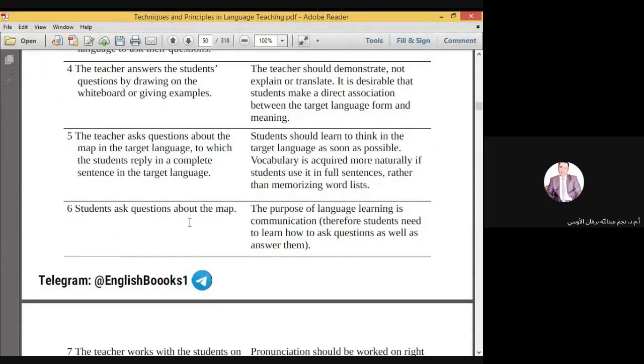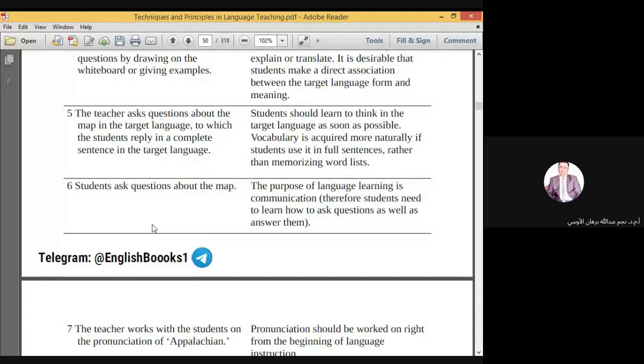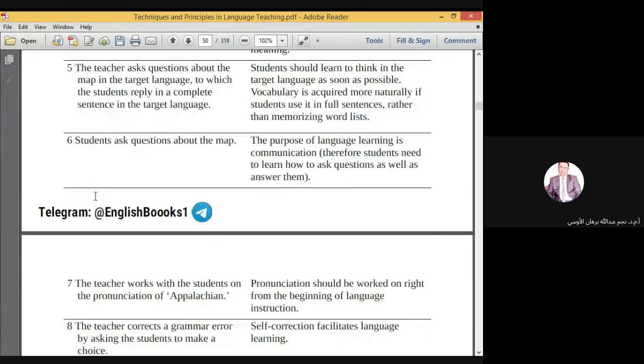And we don't need to use the native language. We need to understand by the target language. Six, students ask questions about the map. What is the reason? The purpose of language learning is communication. Therefore, students need to learn how to ask questions as well as answer them.